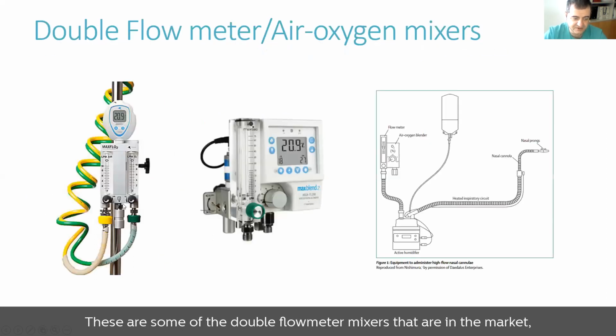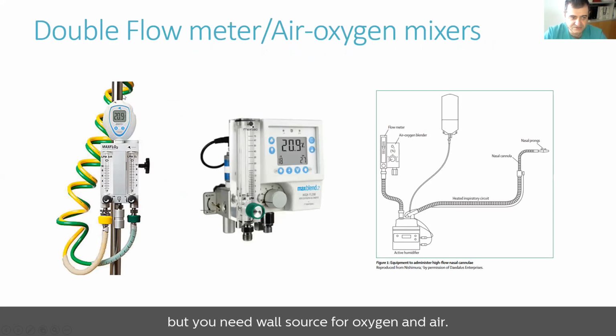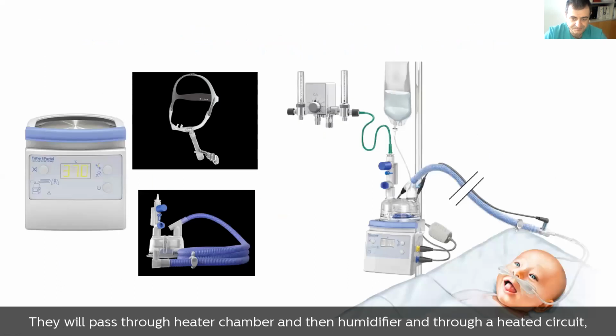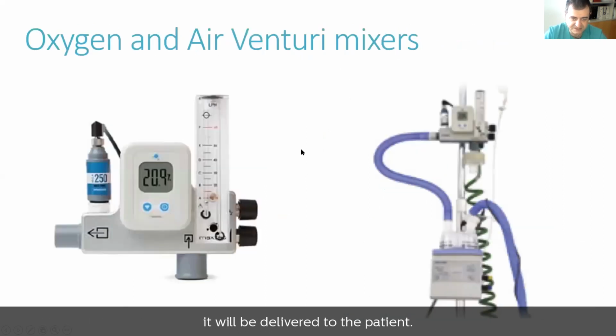These are some of the double flow meter mixers that are in the market, but you need a wall source for oxygen and air. They will pass through a heater chamber and a humidifier, and through a heated circuit, it will be delivered to the patient.